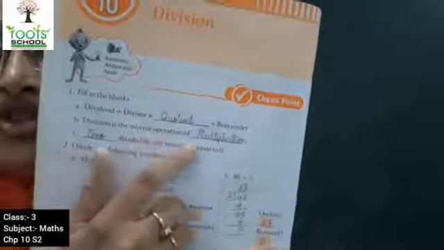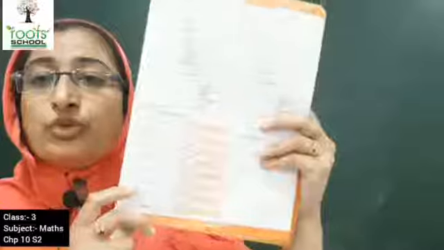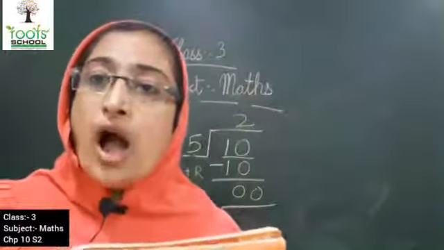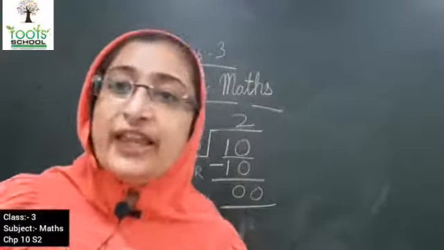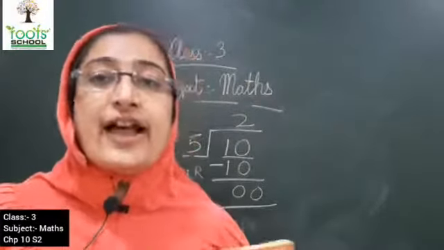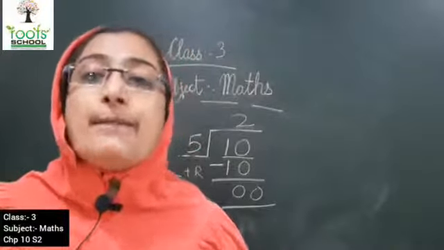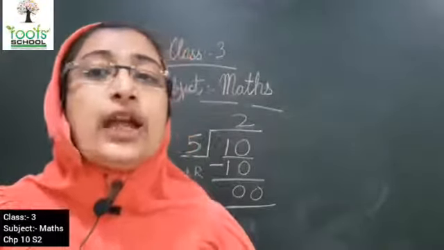Now the second fill in the blanks. Division is the inverse operation of multiplication. Very good. Dash divided by any number is equal to 0. Yes, 0. 0 divided by any number.